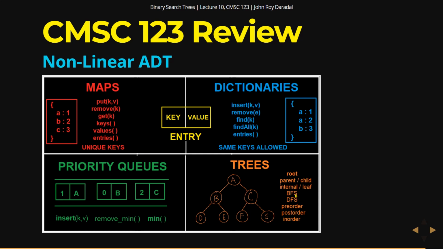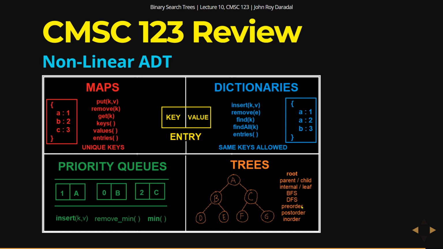And then we also discussed traversals. Okay, so BFS traversal, DFS traversal. So for BFS, you go layer by layer. For DFS, you go as deep as possible and then backtrack as necessary. And then the three traversals following DFS are pre-order, post-order, and in-order. So you should know these traversals by now.